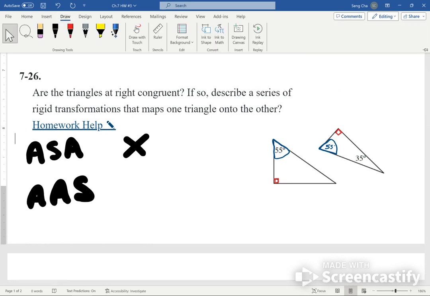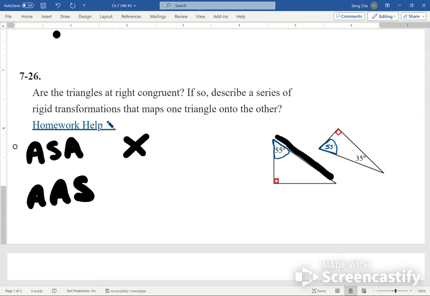So we have red angle, blue angle, and then a side here, but we don't know anything about those, so that's not going to do. We could do blue angle, red angle, and then a side over here. Do those match? We don't have that either, right? So these triangles are not congruent.